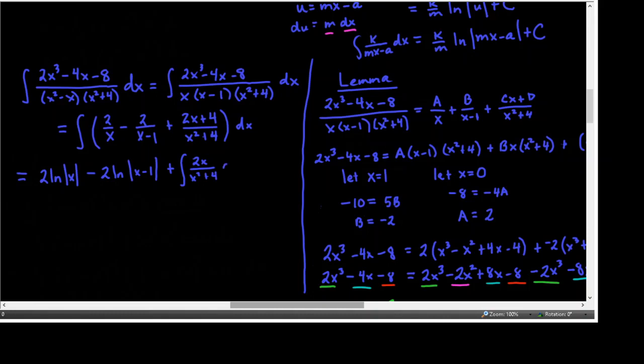I'm going to go ahead and split that into two integrals, plus 4 over x squared plus 4 dx. Okay, so the first few things were done, so I'm just copying those down.